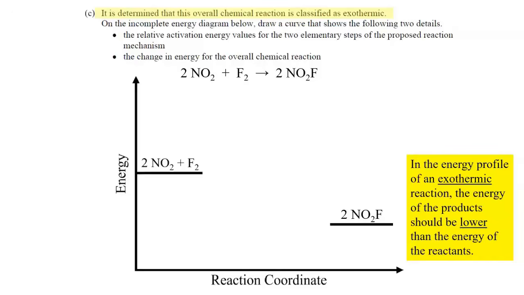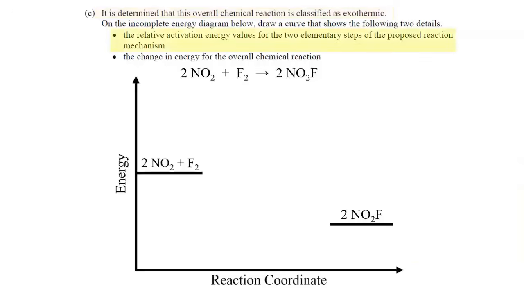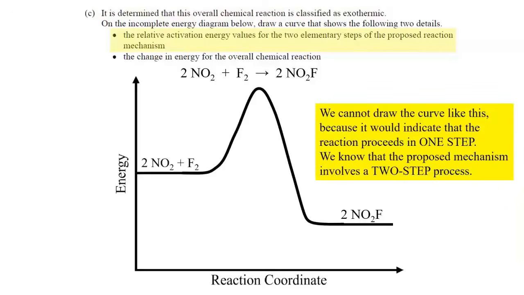Now, we're not done yet, but at least we've taken care of that second bullet, which is the change in energy for the overall chemical reaction. So that's good. But what about the fact that we have to draw a curve indicating something about activation energy? Now, I could draw the curve like this, but this would be incorrect.